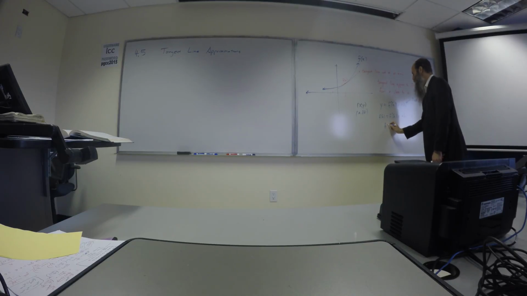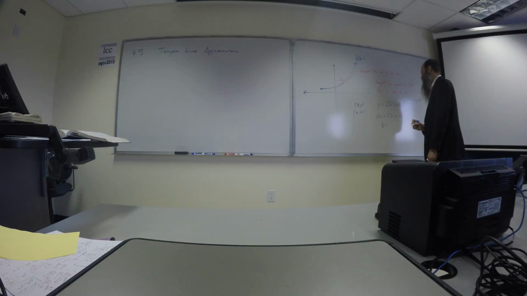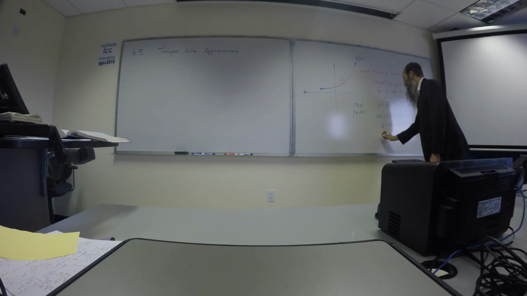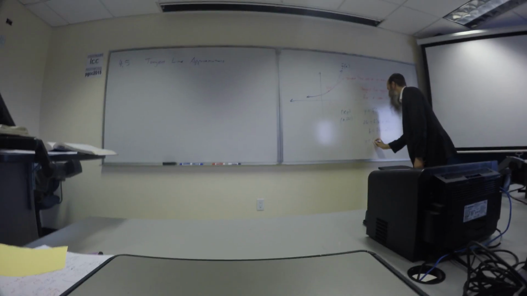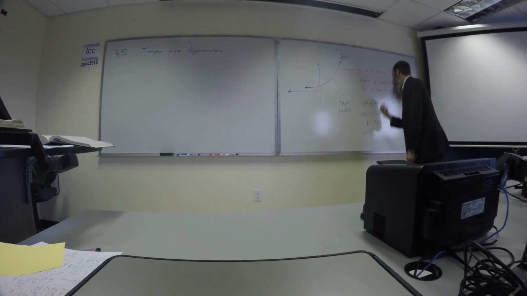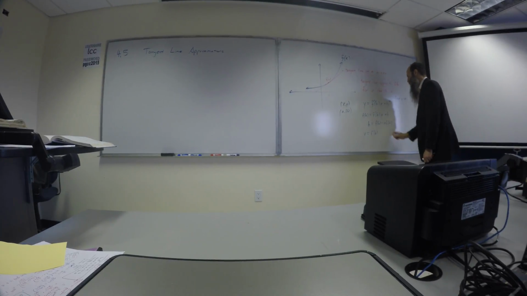So it looks like b equals what? I guess f of a minus a f prime a. All right, so our tangent line looks like y equals f prime at a times x plus the b, which is f of a minus a f prime a.